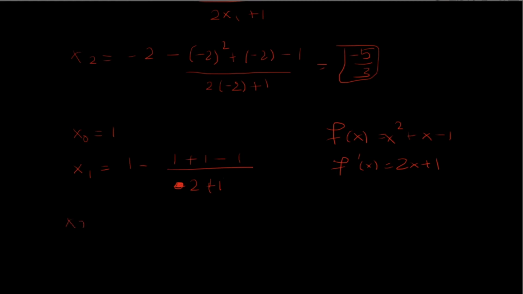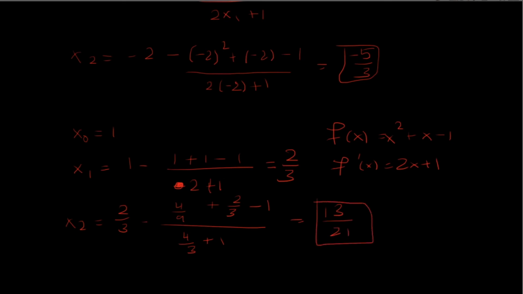And now for x sub 2, that's x of 1. And of course, I forgot this is 2/3. X of 1 is 2/3 minus, now 2/3 squared is 4/9 plus x, which is 2/3, minus 1 over 2 times 2/3 plus 1, and that gives us 13 over 21. So those are our x2s.